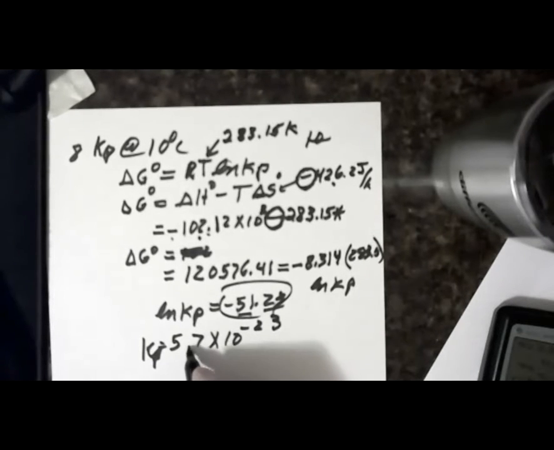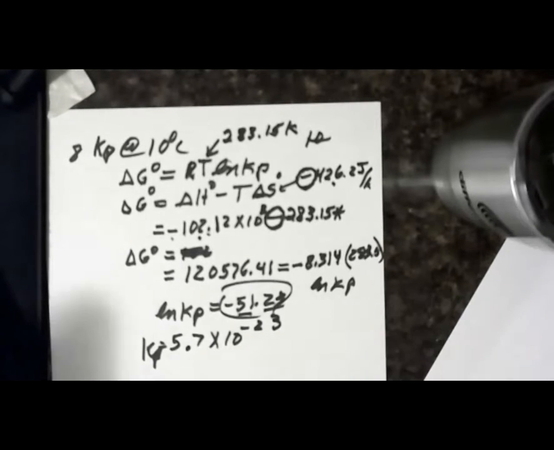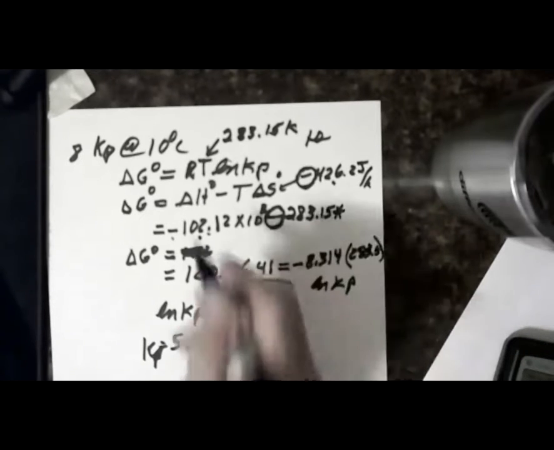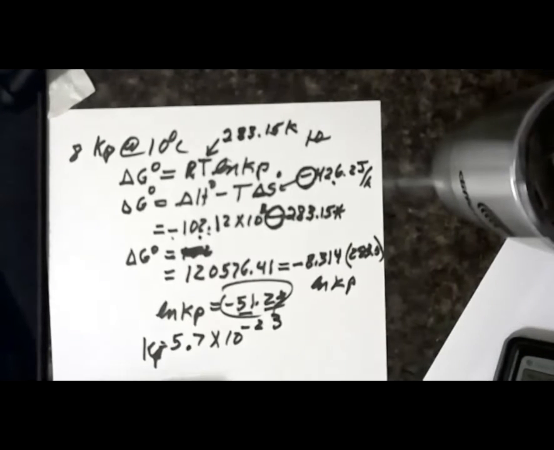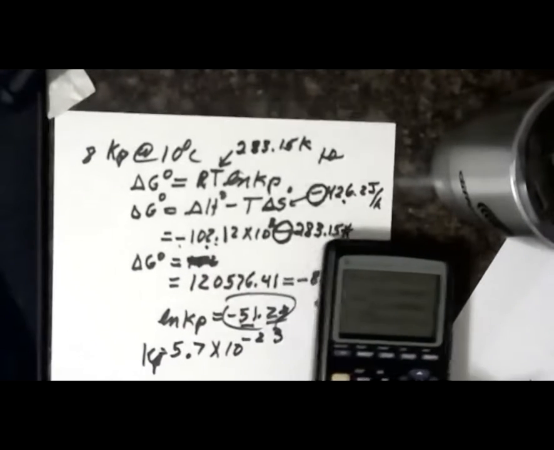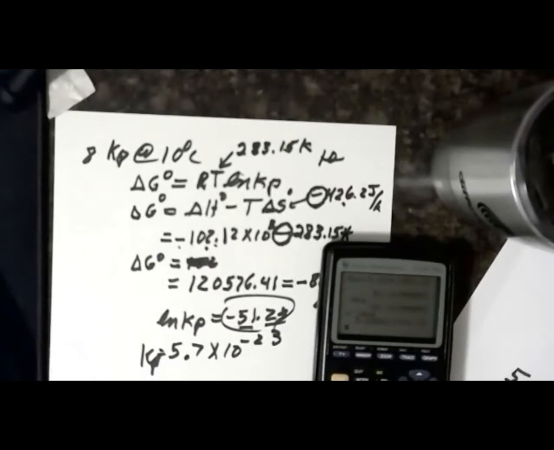Okay. Delta H was minus, I don't think I copied those numbers, minus 102.12 times 10 to the third.